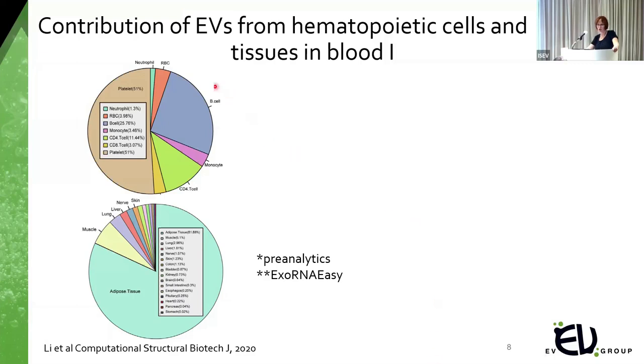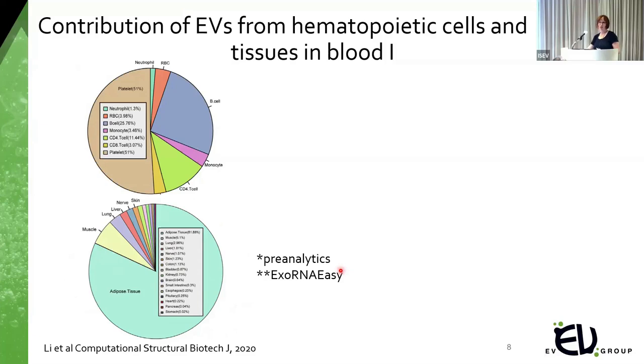And what they saw was that about half of the blood cell EVs were coming from platelets, and surprisingly B cells, if we think about the proportions of the cells in the circulation. For tissue origin, they found that the majority of the EVs were coming from adipose tissue, but we also had smaller contributions from other tissues.